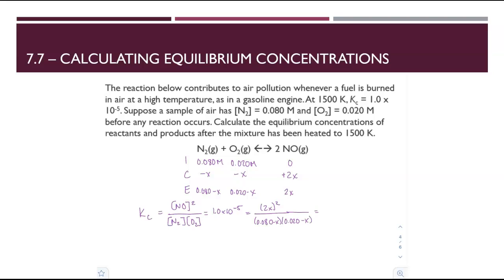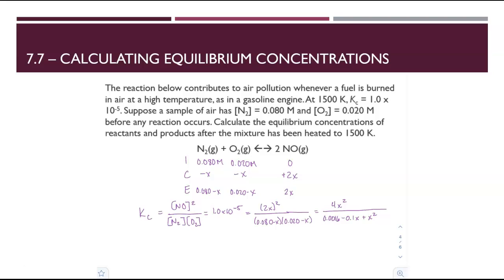Okay. And we're solving for X is what our task is. What we're going to end up doing is dealing with the quadratic formula. On the bottom, you might notice that when we multiply out those two concentrations for nitrogen and oxygen, we're going to deal with a quadratic equation. So we're going to have to dig back into our math skills for a little bit here. Our top is easy: 2X squared is 4X squared. Our denominator becomes 0.0016 minus 0.1X plus X squared.